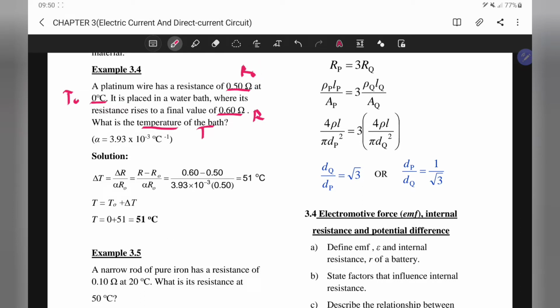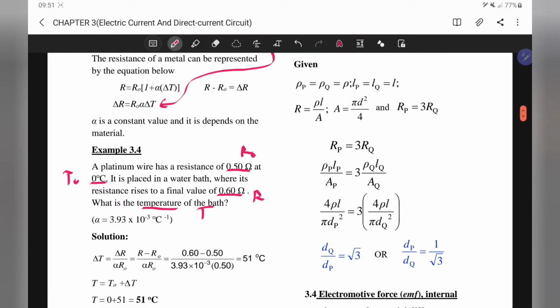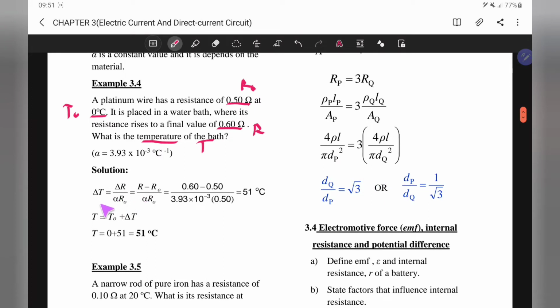Alpha is given already. Based on this, by using the equation given before and rearranging it, you will get delta T equals delta R over alpha R naught. Delta R equals R minus R naught. Substitute R and R naught.